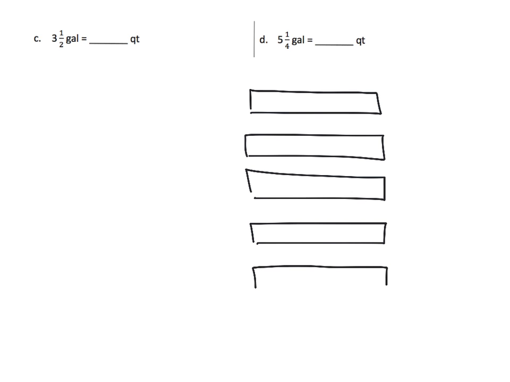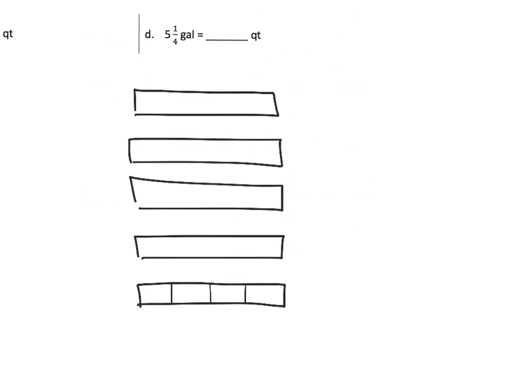So there's our 5 gallons. Now they want us to also draw an additional 1/4 gallon. So I'm going to zoom in on that last gallon as our reference, and we know that we're going to cut it into 4 pieces because the fraction that it said was 1/4.